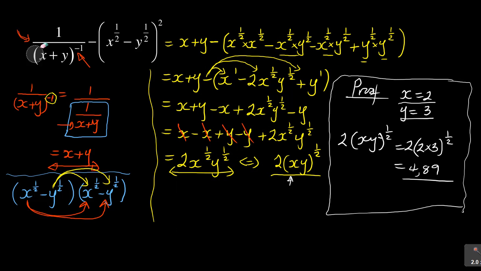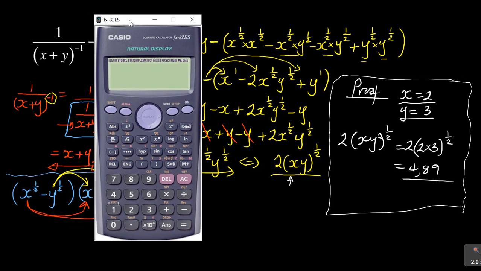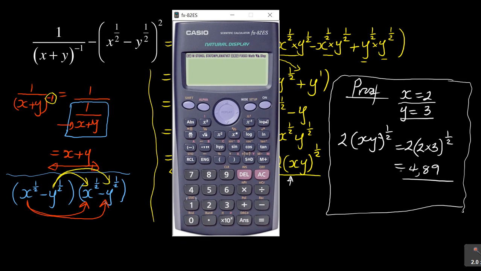My original is this one. Now with this original, I'm going to input the values again. Where there is x, I put the value of x, and where there is y, I put the value of y, and see if I'm going to get the answer that I got previously.